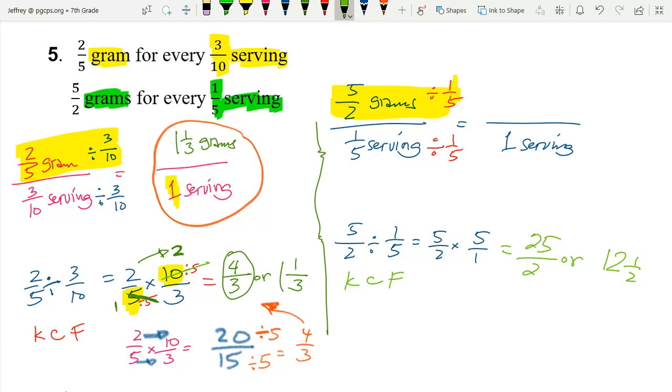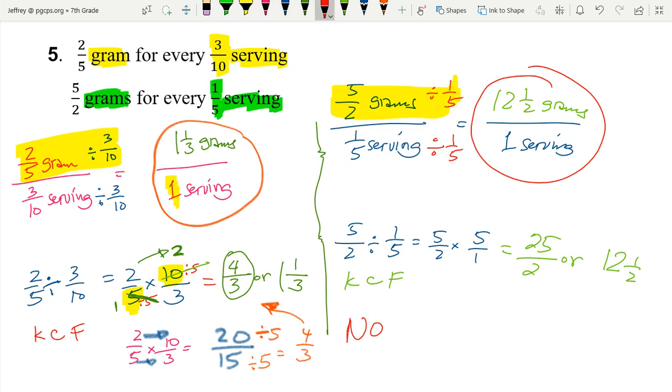So 12 and 1/2 grams per serving would be the answer on the second statement. Now, are the rates equivalent or not? And the answer is not equivalent.